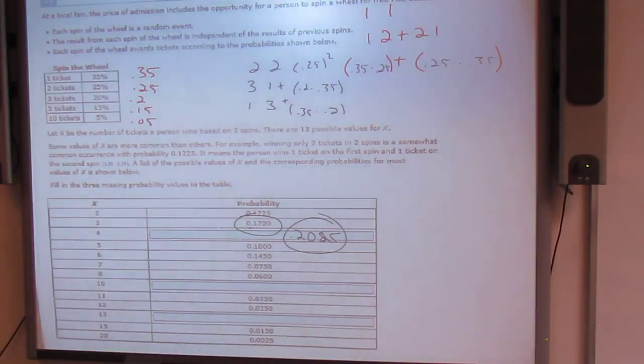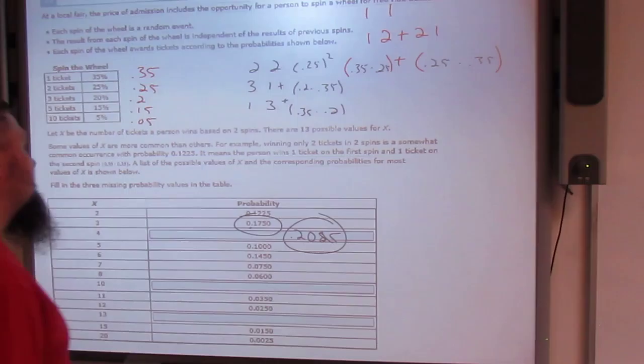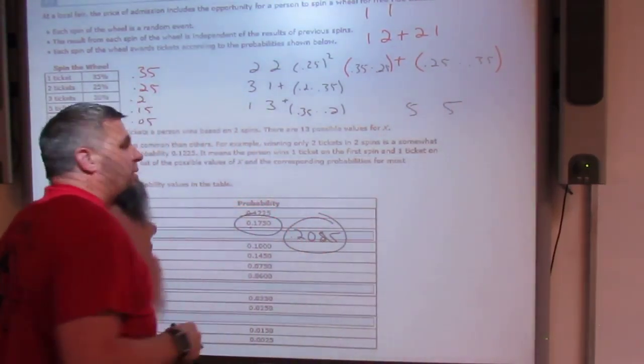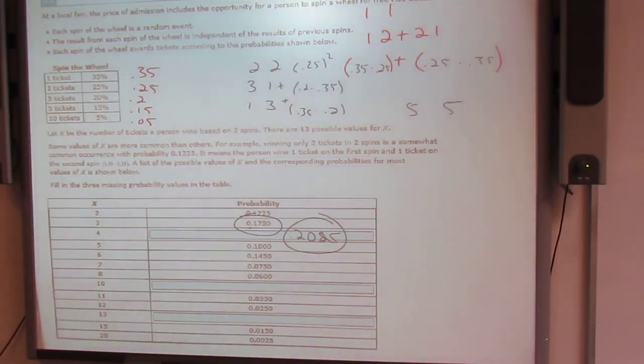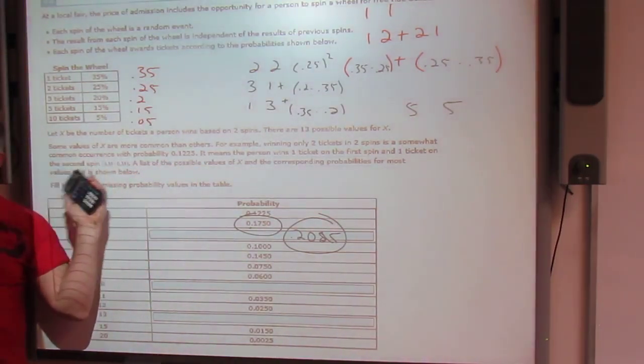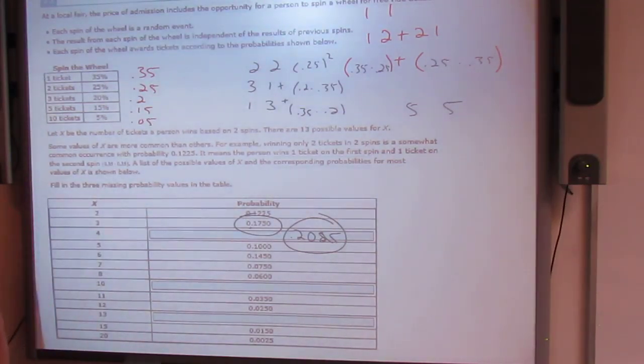Now we're going to repeat that task for number 10. So how do I get 10? Well, I can only get 5 and 5. In this case, even if you followed the rules and just did it the way they told you, you would have got one of these right. You might think of 6 and 4, but you can't get 6 and 4, there is no way to get 6 tickets.